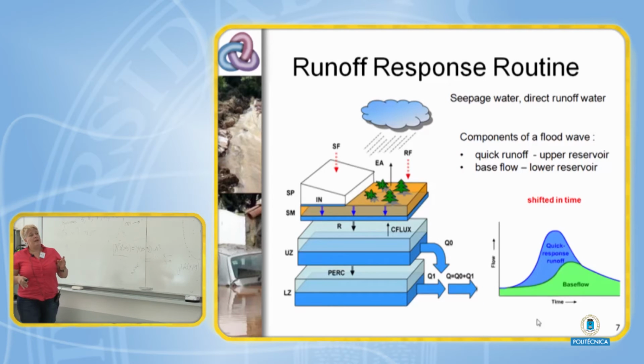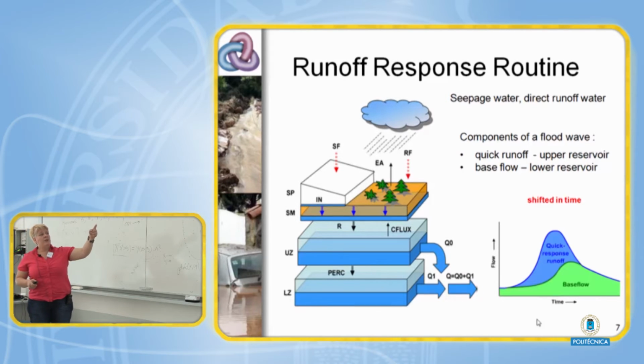When you look at any flood wave, you will probably not notice that it consists of two components. The first component is the quick response runoff, and the second, slower part is the base flow. The two waves composing it are shifted in time, so it was very important to make lines that generate those two different processes.